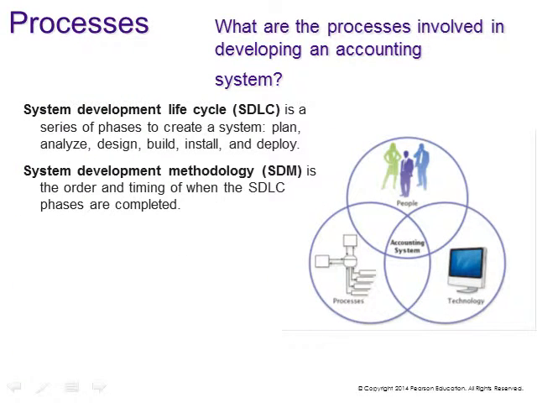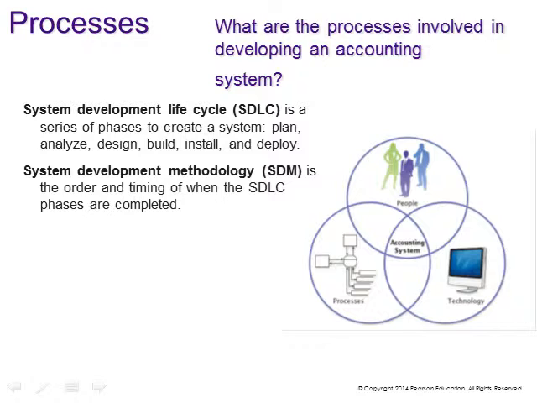And so when we're talking processes, we need to think in terms of the system development life cycle, and that's a series of phases to create the system. Those phases include the planning phase, the analysis phase, the design, the build, the install, and the deploy phases. We'll talk about each of those a little bit further. But the way to think about this is that every system has a life cycle, and plan, analyze, design, build, install, and deploy is one way of identifying a life cycle for a system.